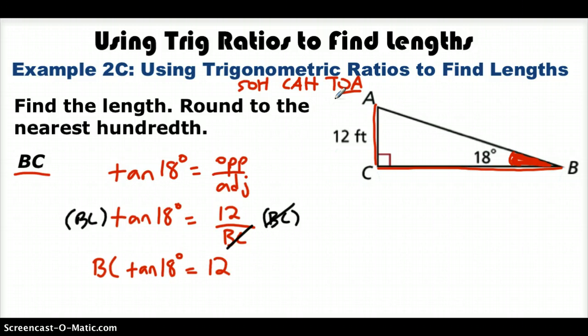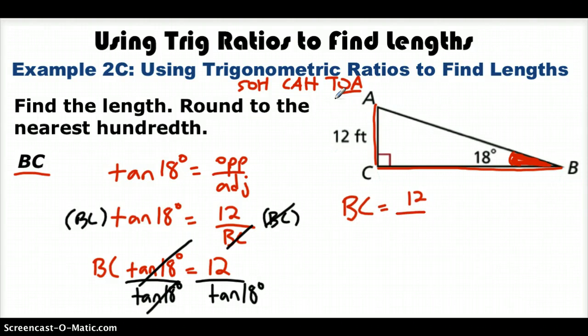Still don't have BC by itself, so I'm going to divide by the tangent of 18 degrees on both sides. Tangent over tangent will cancel, and BC is equal to 12 divided by the tangent of 18 degrees.